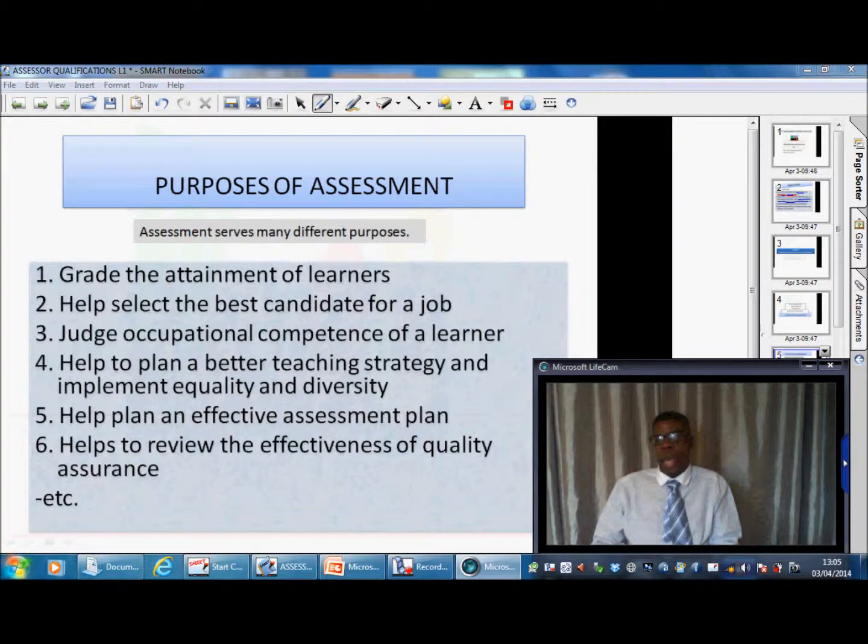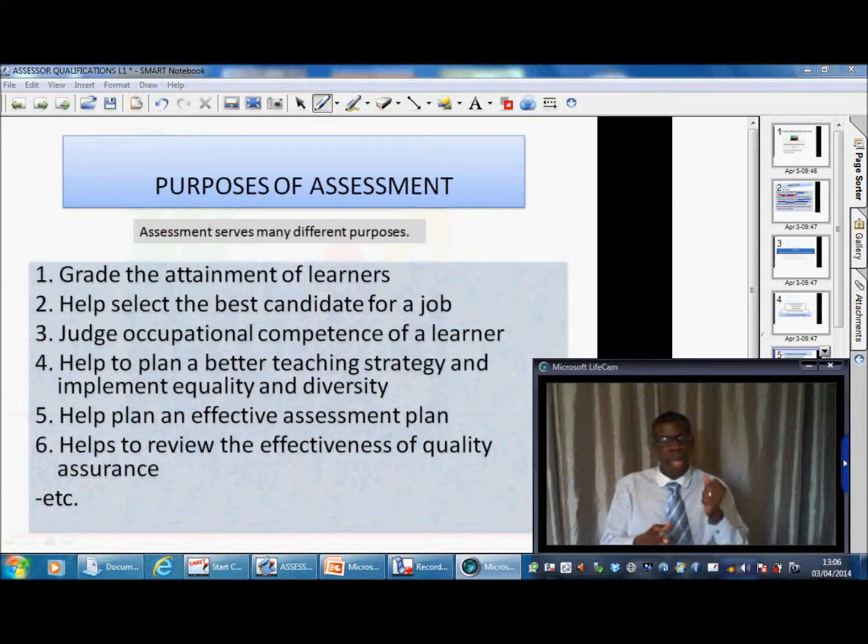Then we also look at helping to plan an effective assessment plan. Assessing must also be planned. I've got experience in assessing occupational competence. And when you're assessing occupational competence, you find that learners have got varied work patterns. So at initial assessment, you identify how and where things can fit in.